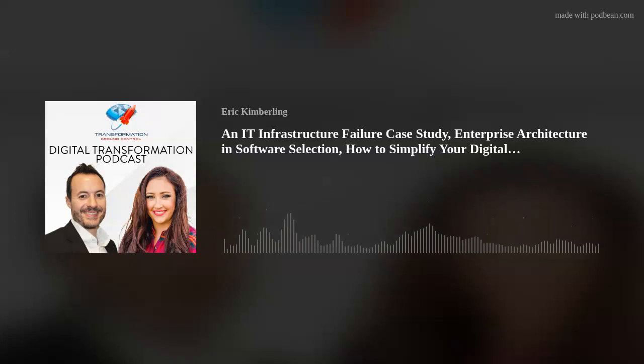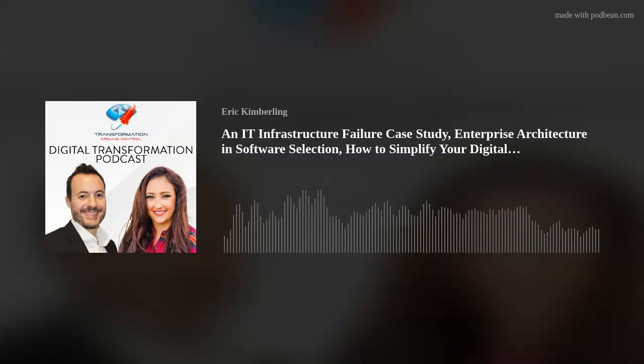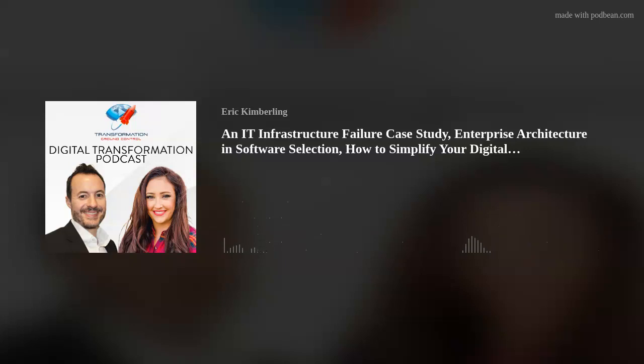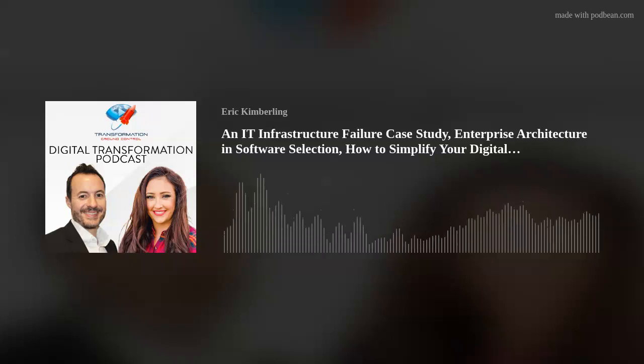If you're just going about buying the software, you're going to try to fit it within your current architecture or current systems. There's going to be chaos. There's going to be problems going forward. So, in our opinion, enterprise architecture is the first step of any software selection process.